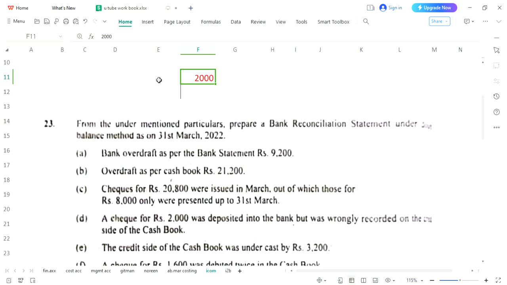First mistake, you were supposed to write over here on the debit side, but you haven't written. So to correct this error, you will write it. Simple as this: when you realize your mistake, you are supposed to write it. So first 2000 you will write over here because it was meant to be written over here. We are changing it into green. So this was the corrected entry. But what had happened?